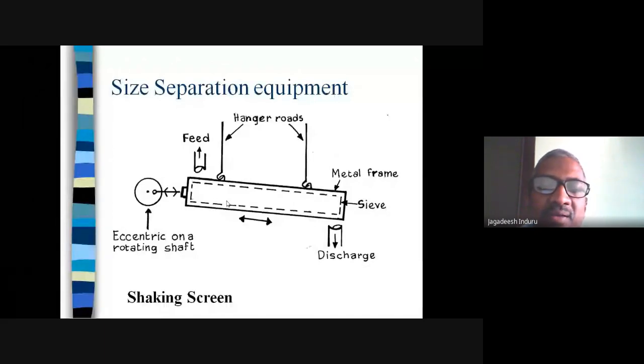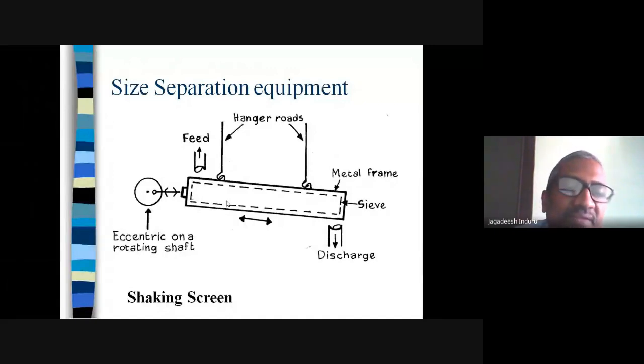The problem is, if you make the slant angle too large, the material will come down without separation. Your minus material stays in the plus material and is collected as plus material. So too much slant is also not good. The critical parameters here are the angle of slant and the rotation of the shaft by the motor.